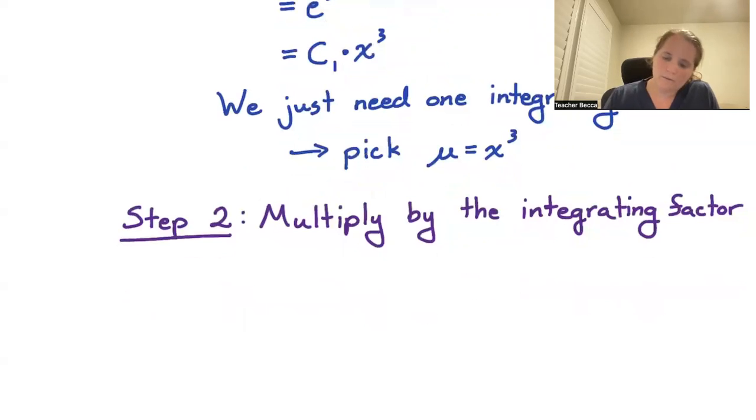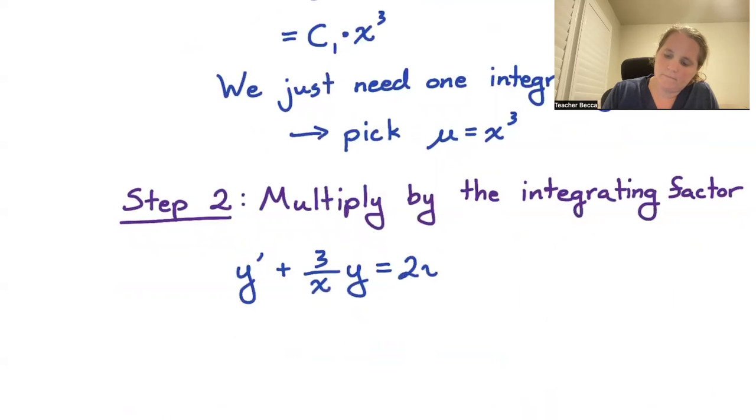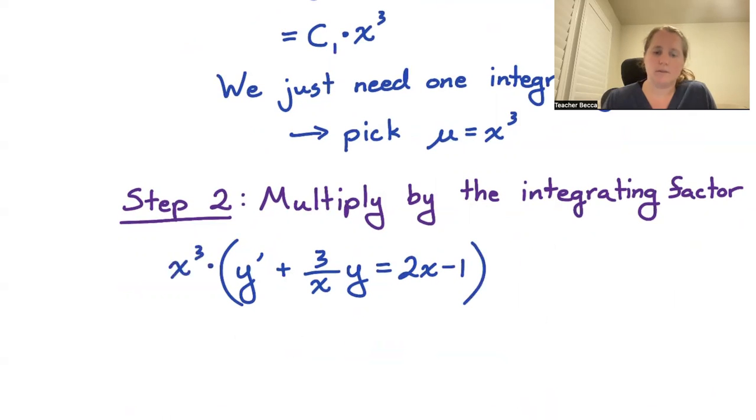So we have y prime plus 3 over x y is equal to 2x minus 1. We are going to multiply that entire equation by x cubed.